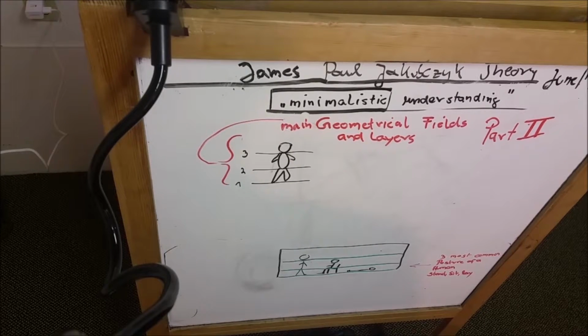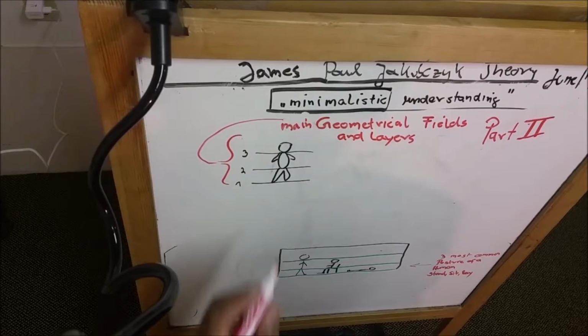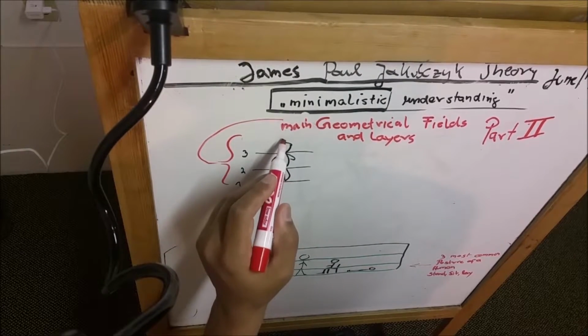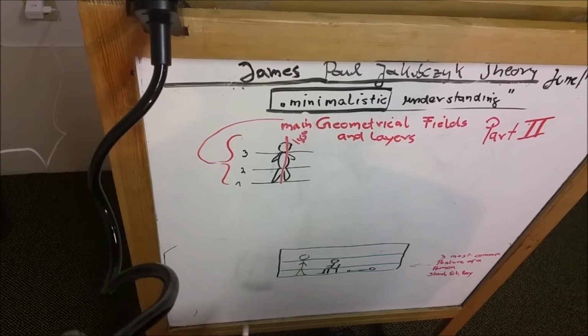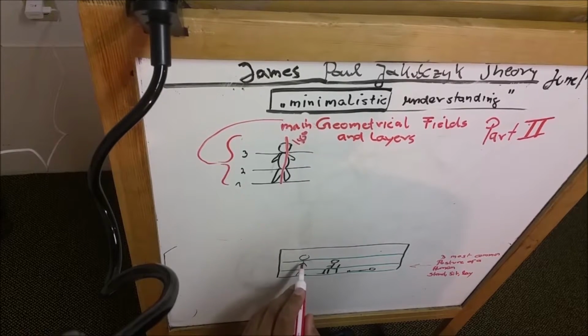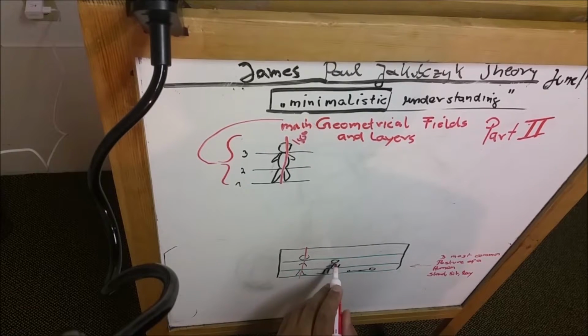So, as I told you many times, a human actually represents 180 degrees, or it's a line of 180 degrees. Same as here, so this is also going to be 180 degrees.